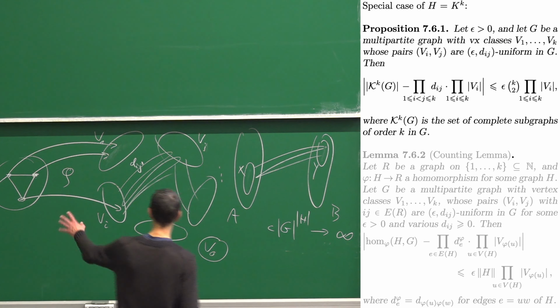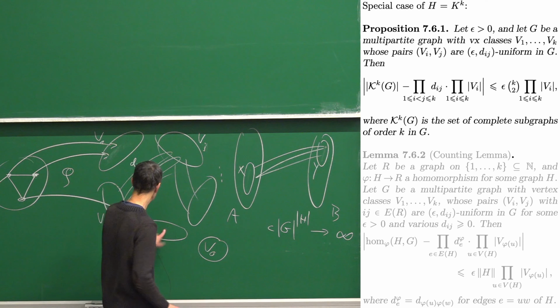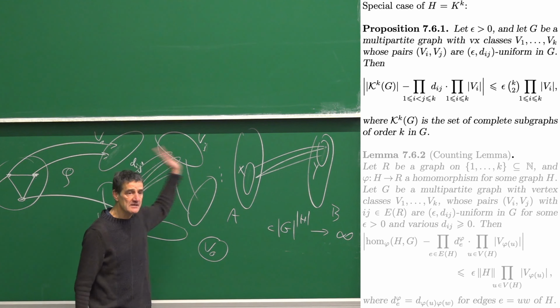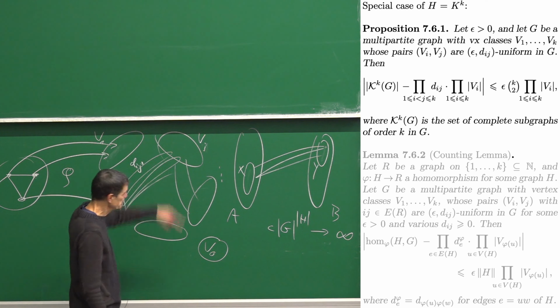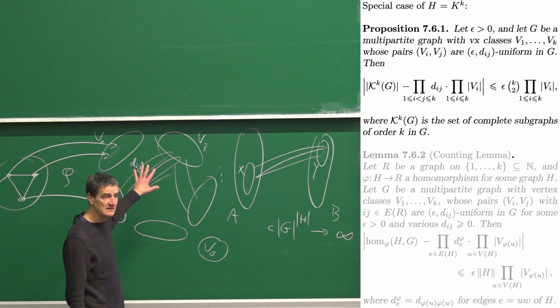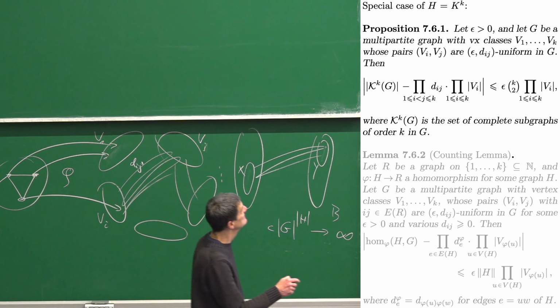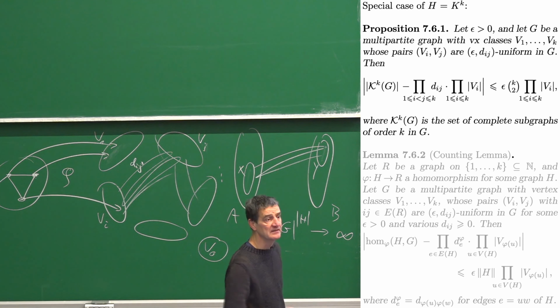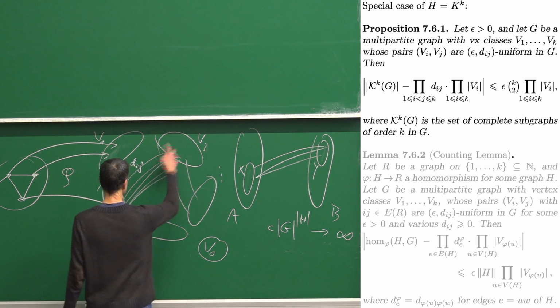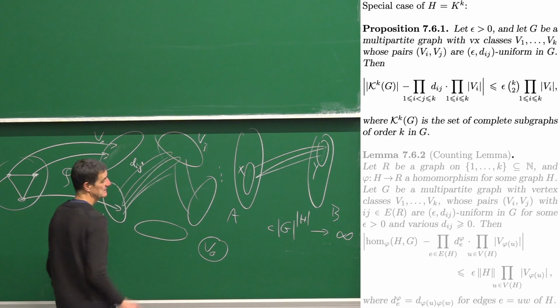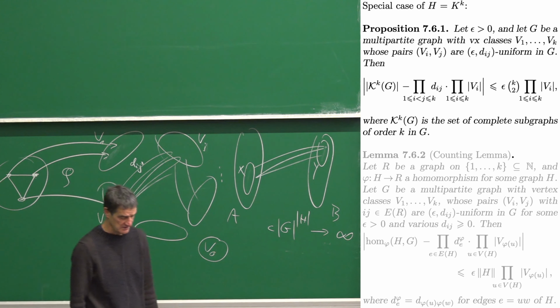Okay, so once we have fixed a choice of one vertex from each class, the probability that this choice of vertices induces a K_k is the product of all the Dij, if the Dij are indeed the edge probabilities for the pair Vi, Vj.